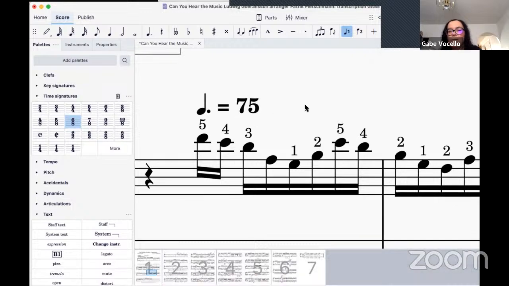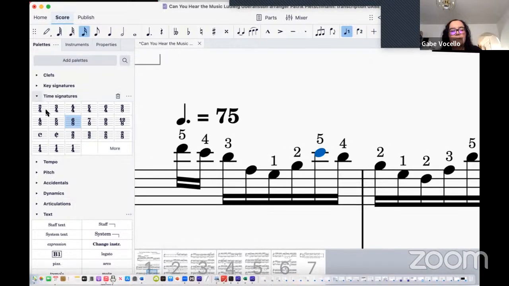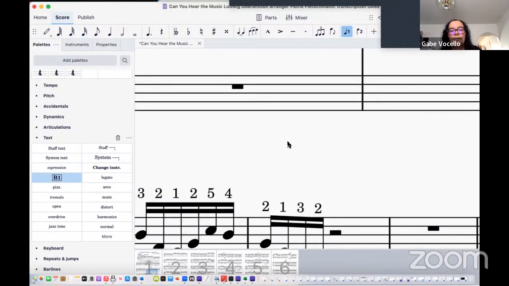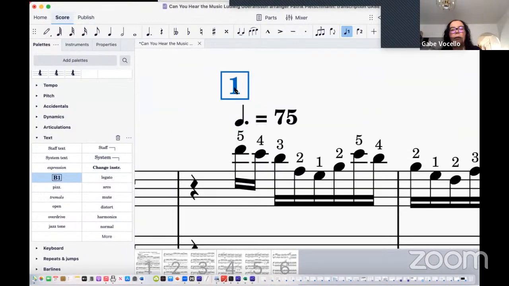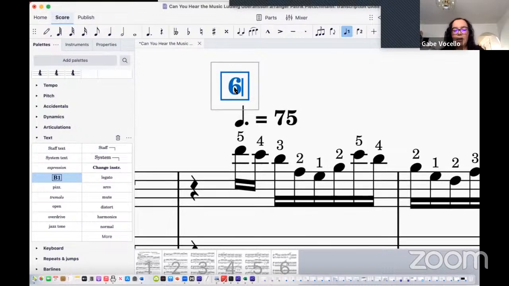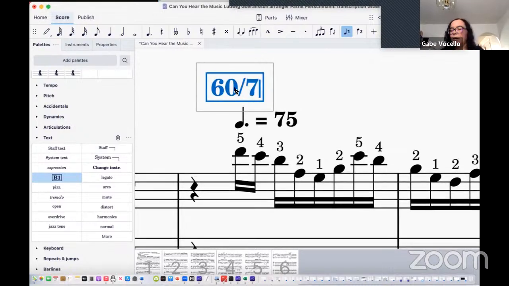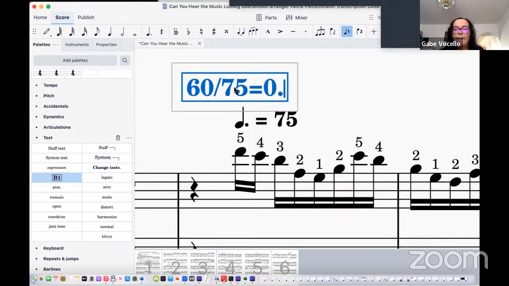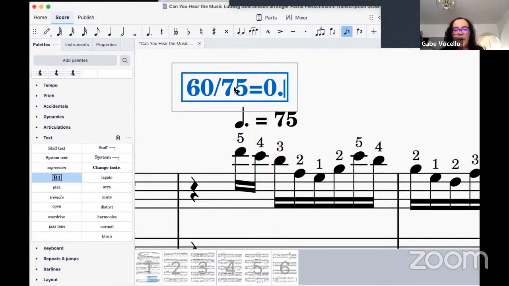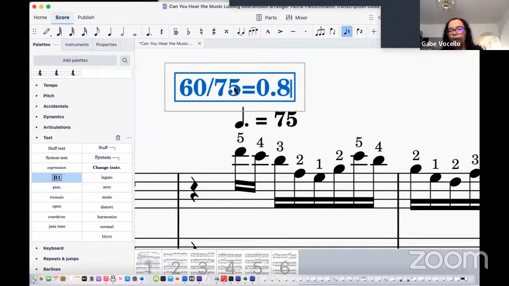So how do you calculate it? 60 divided by 75 equals 0.8. 0.8 is 800 milliseconds, that in 1 minute is 48.